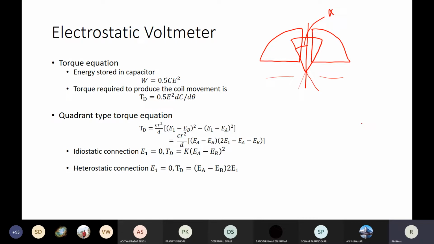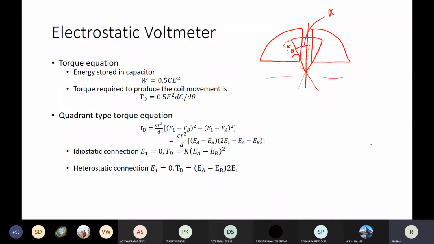Okay, and once you apply the voltage, depending on the amount of voltage, there will be a deflection and it will move to, let's say, this position. Okay, so it has rotated in this direction, and this angle of rotation is, let's say, theta.